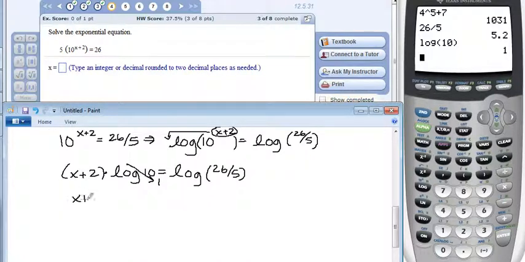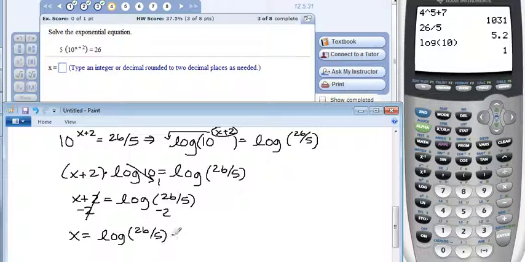So now I have x plus 2 is equal to the common log of 26/5. Solving for x, I would subtract 2 from both sides. So I have x is equal to the common log of 26/5 minus 2. This 2 does not go inside there.